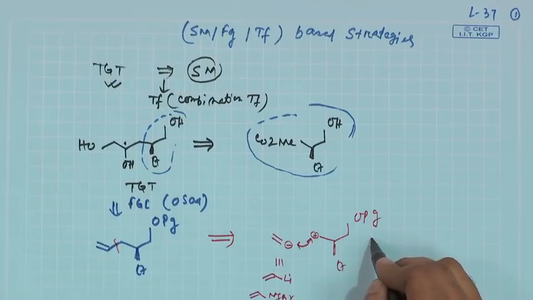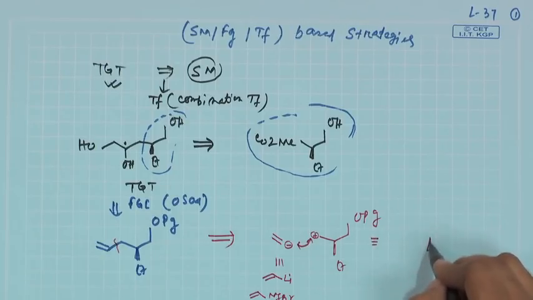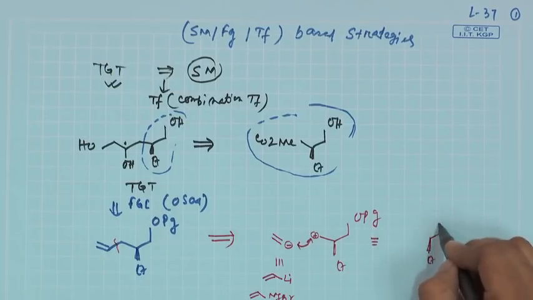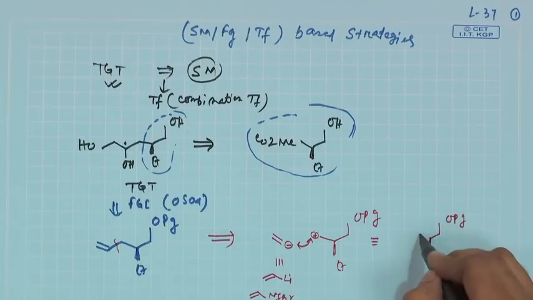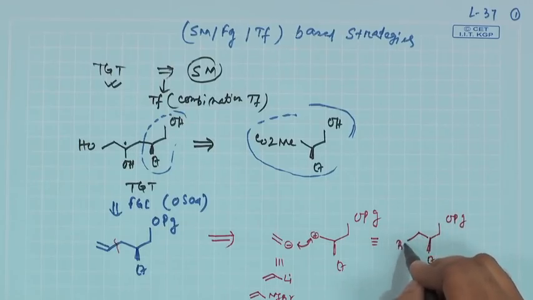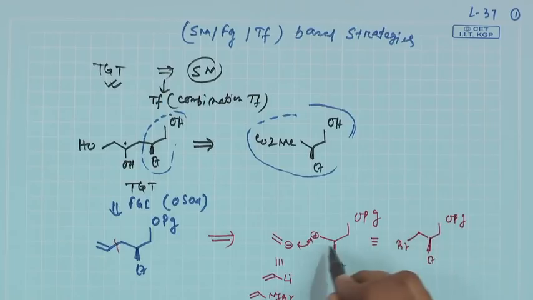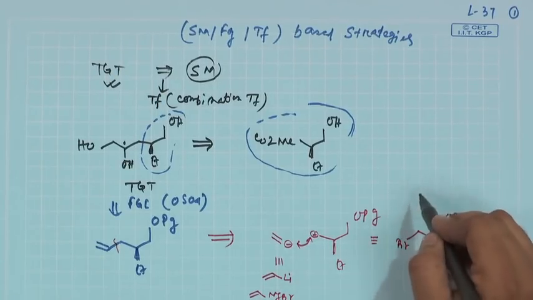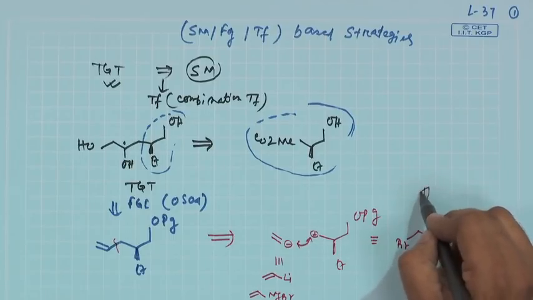Now, this particular fragment we will visualize in this way. If you have a compound like CH2Br or CH2I, which you can visualize as CH2 plus, the remaining part is all similar. Now, try to correlate.